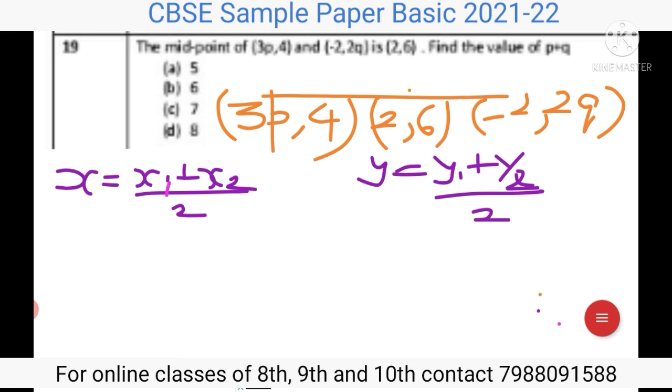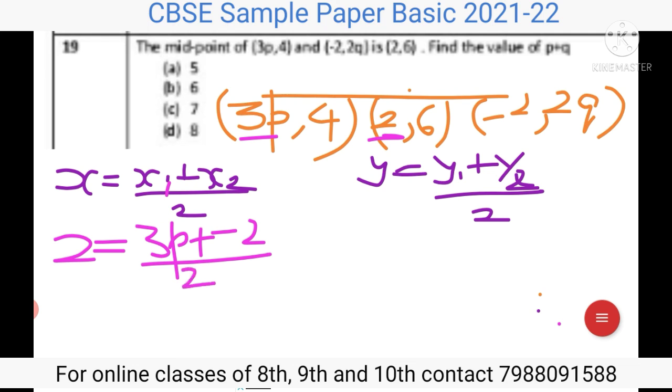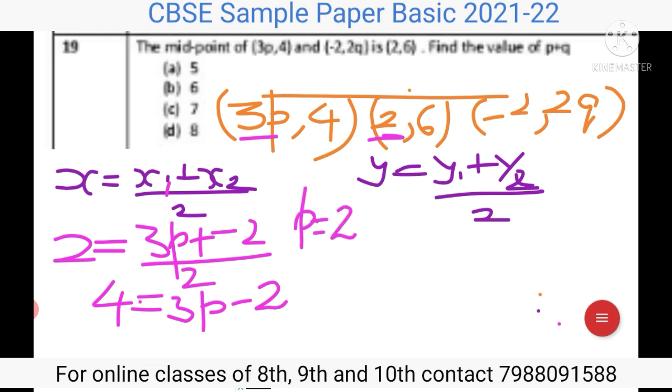Now let us put in the values. The x coordinate of the midpoint is 2, so 2 is equal to x1, that is 3p, plus x2, that is minus 2, by 2. So on solving, I get 4 is equal to 3p minus 2, or 3p is equal to 6, or p is equal to 2. I hope you can do this calculation work.